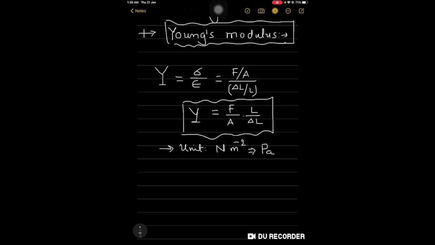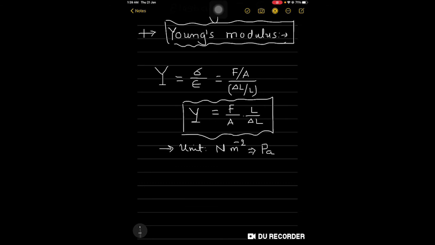To increase the length of a thin steel wire of even 0.1 centimeter square cross-sectional area by just 0.1 percent, a force of about 2000 Newton is required.